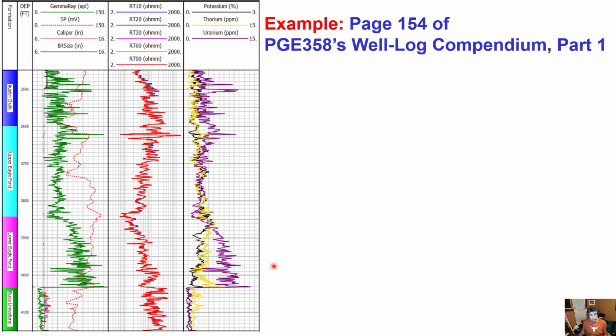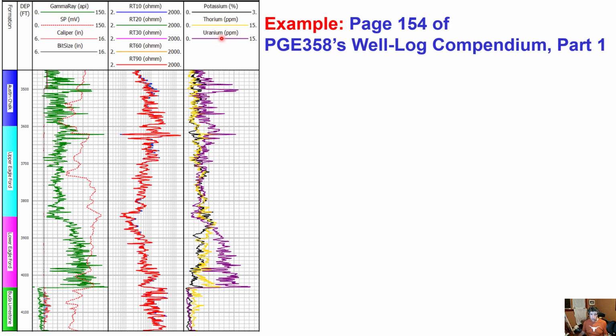Look at this. Look at the gamma ray log here. That's the green color. Then we have the resistivity logs, which are almost overlapping all of them, and the deep one is the red. And then on this track, we have the spectral gamma ray logs, separately indicated by potassium, thorium, and uranium.